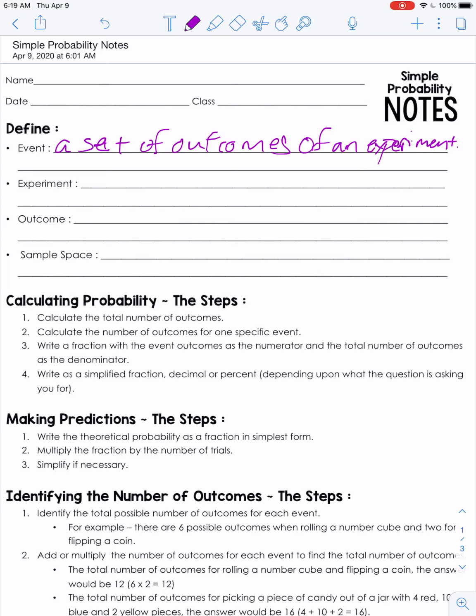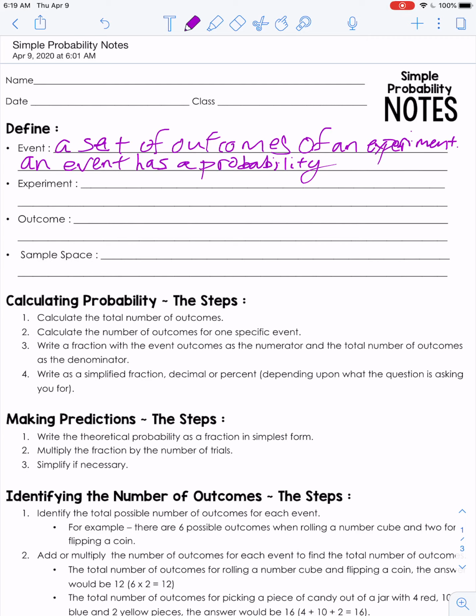An event has a probability. So events are what we are going to be working with for the majority of the day.